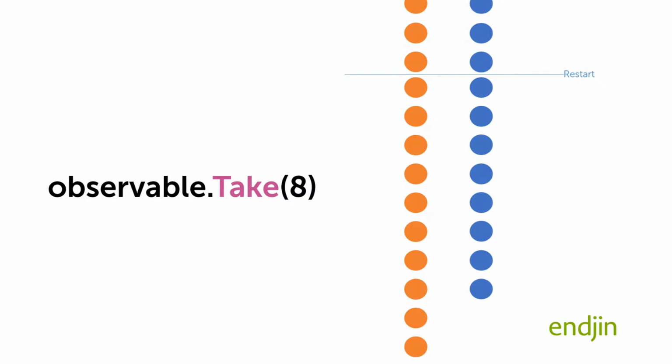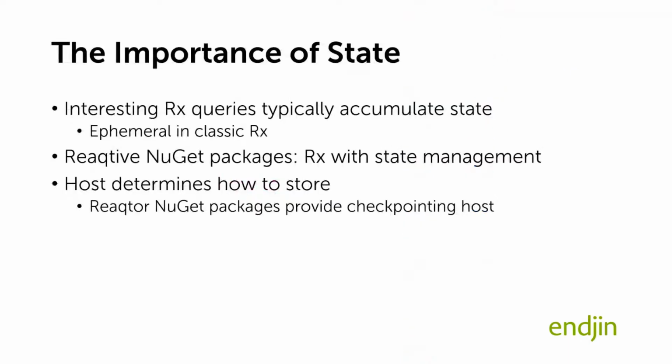It's building in the ability to manage state. All interesting Rx queries tend to accumulate state. If you're doing anything of any value at all with Rx, then in all likelihood, you're going to build up some state that lives inside of the operators in the query that you have defined. And the problem with classic Rx is that this state is ephemeral.